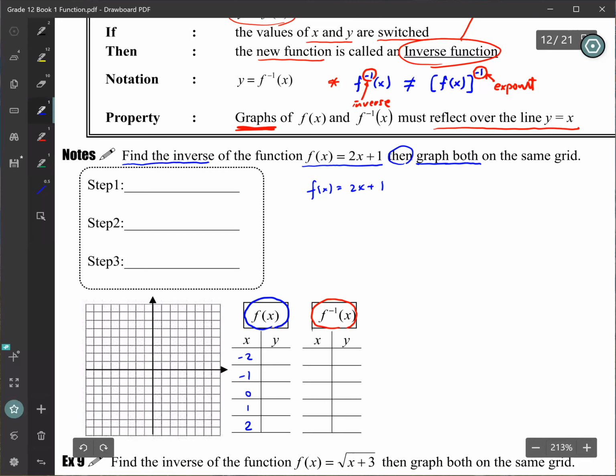All right, so if you get the points for the y, please raise your hand. So you just take all the x, put it into the f of x.